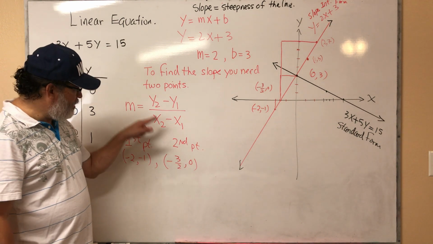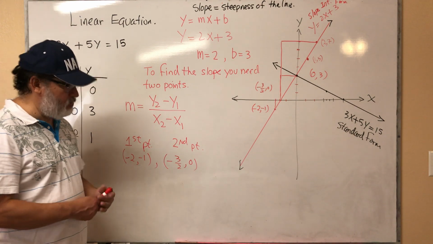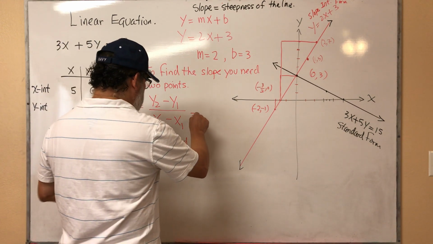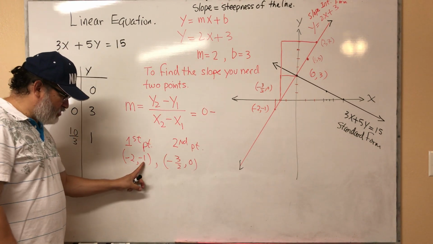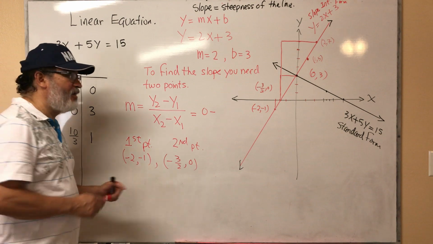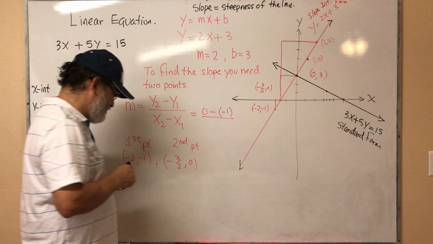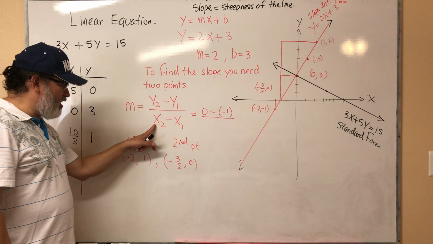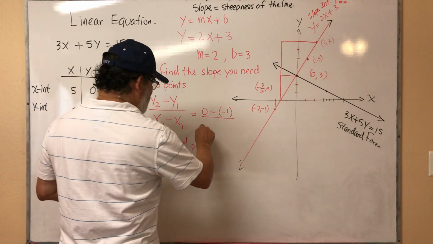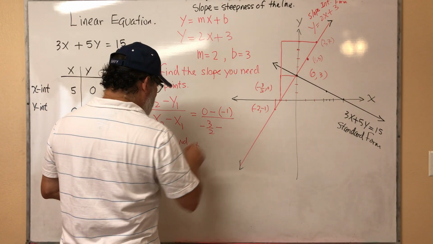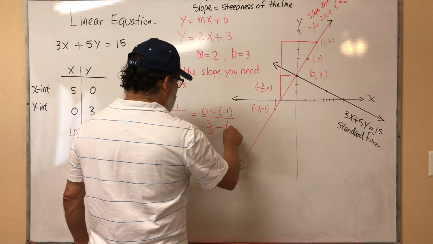According to the formula, the y-coordinate of the second is 0, minus the y-coordinate of the first, -1, over the x-coordinate of the second, -3/2, minus the x-coordinate of the first, minus -2.